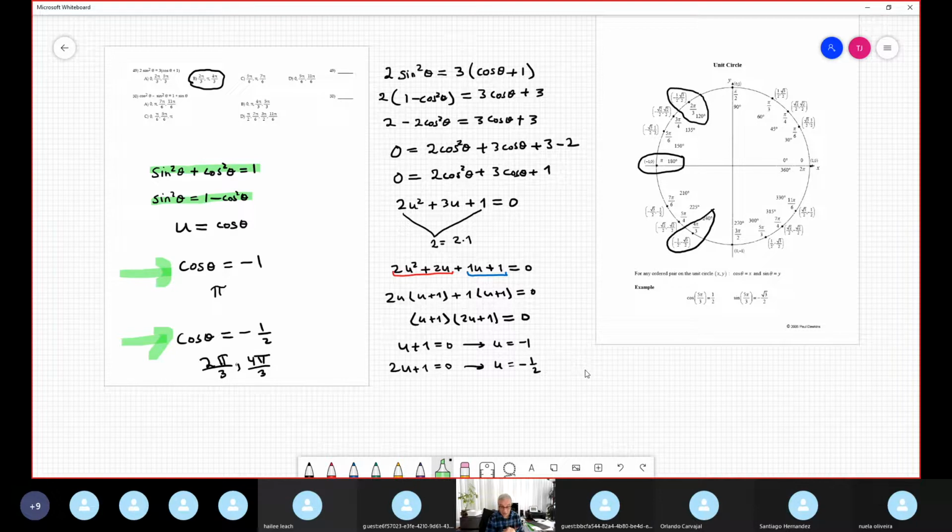I highly recommend this in any book: solution for the trigonometric equation, double checking graphically, guys. But it's okay, I respect your opinion. Okay.